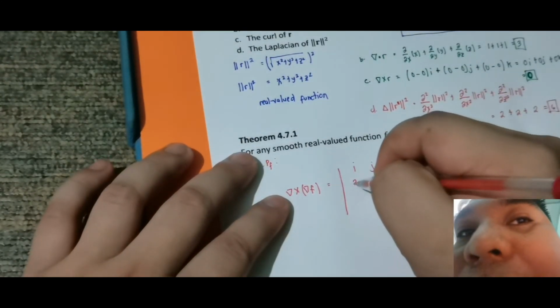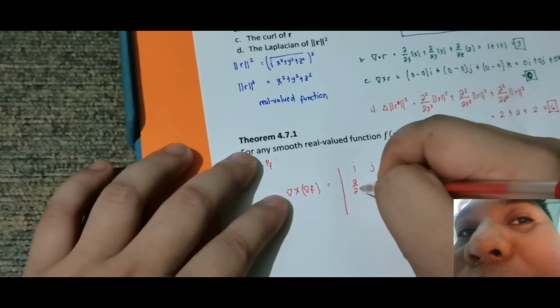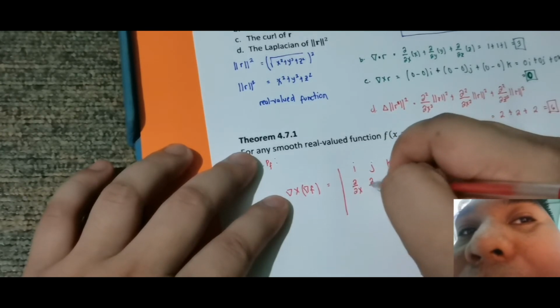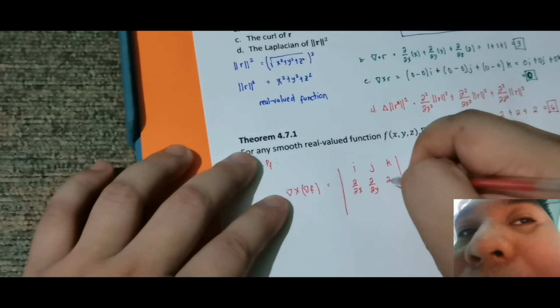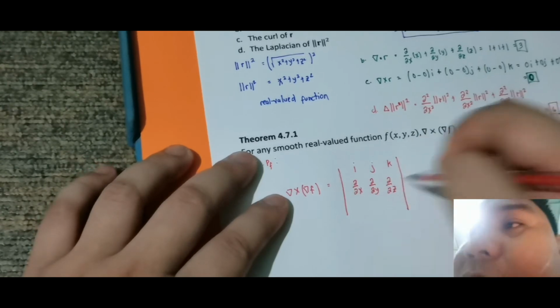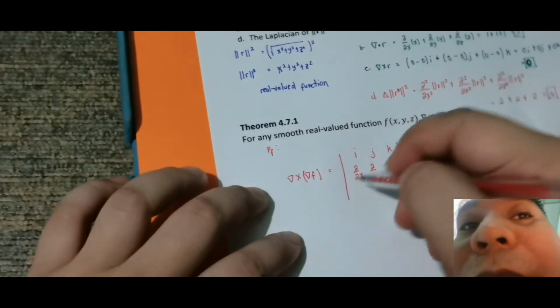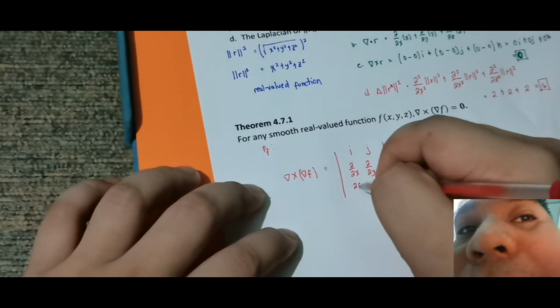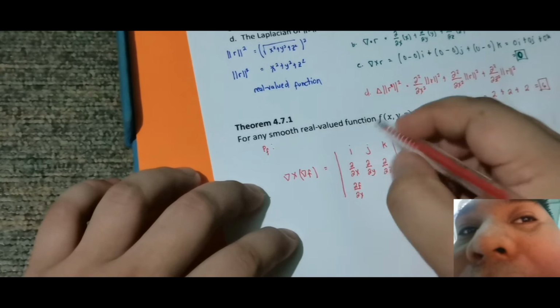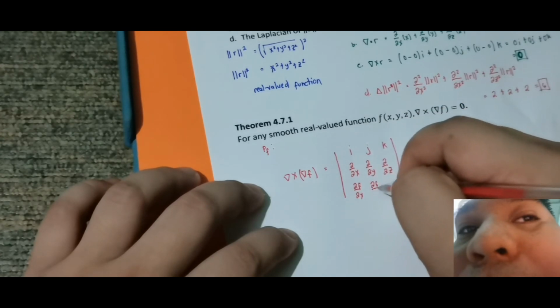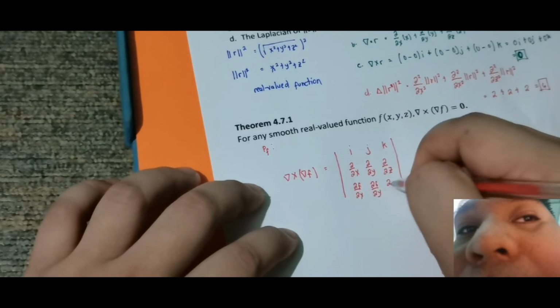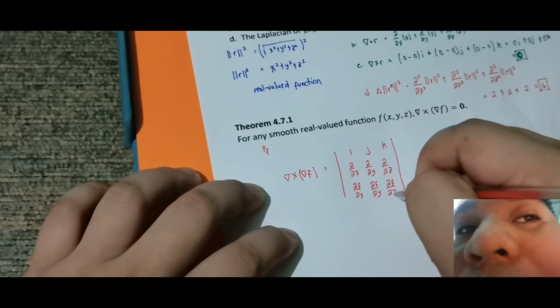This is the partial derivative with respect sa x, partial derivative with respect sa y, partial derivative with respect sa z. Then para sa del of f, this is partial derivative of f with respect sa x, and partial derivative of f with respect sa y, and partial derivative of f with respect sa z.